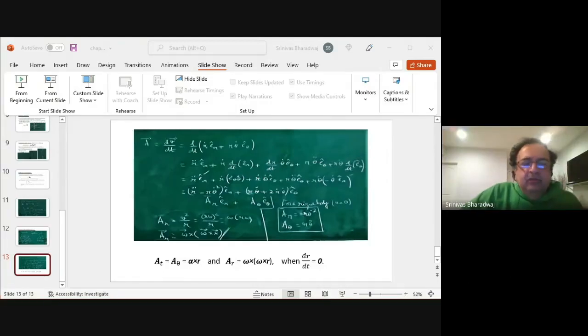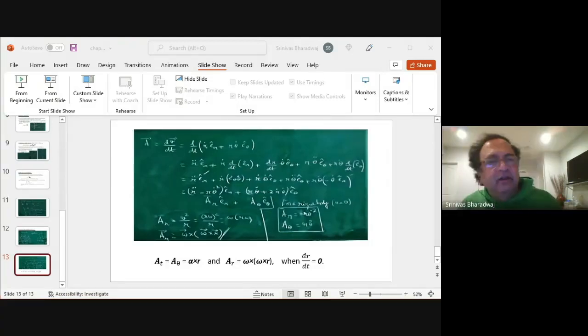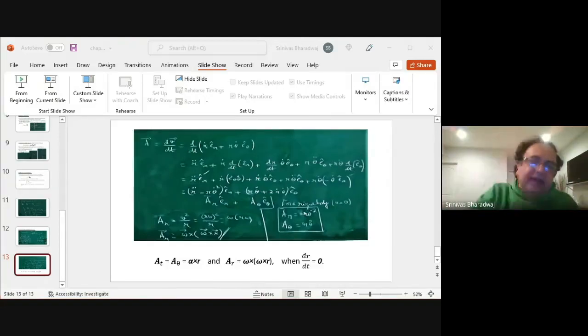So when a particle is moving in 2D, if it's moving in a perfect circle, there is only the tangential component for the velocity. The acceleration is only radial for uniform circular motion. Let me rephrase it, I don't want to confuse everybody.